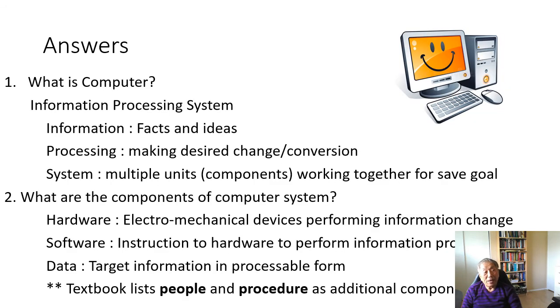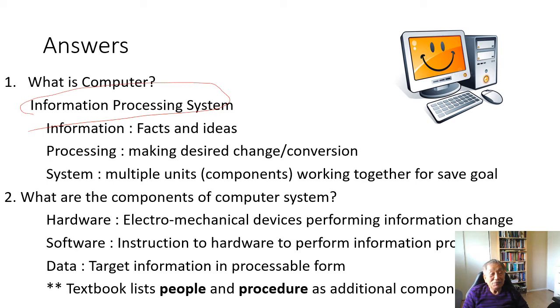Okay, all right, so let's go with the answers. I hope you stopped the video and thought about the answers for at least a minute and came back. So what is a computer? You may be surprised that the true definition is an information processing system. What is that?